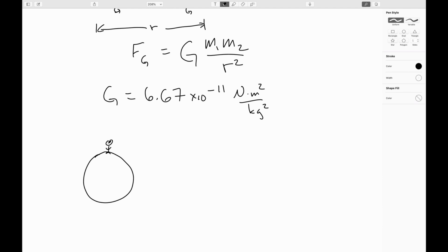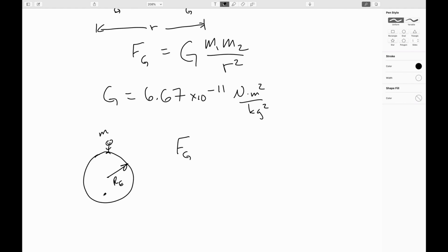Obviously this isn't even remotely to scale since I'm way bigger in this drawing than I would be in reality. So if we're near the surface of the Earth, I'm just going to mark off the radius of the Earth as RE.